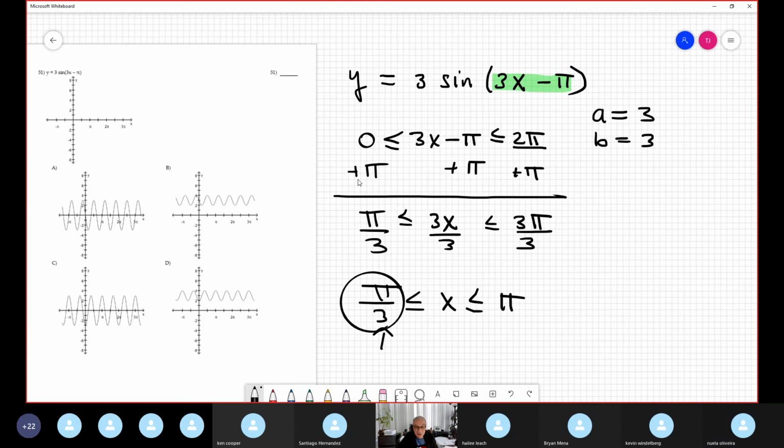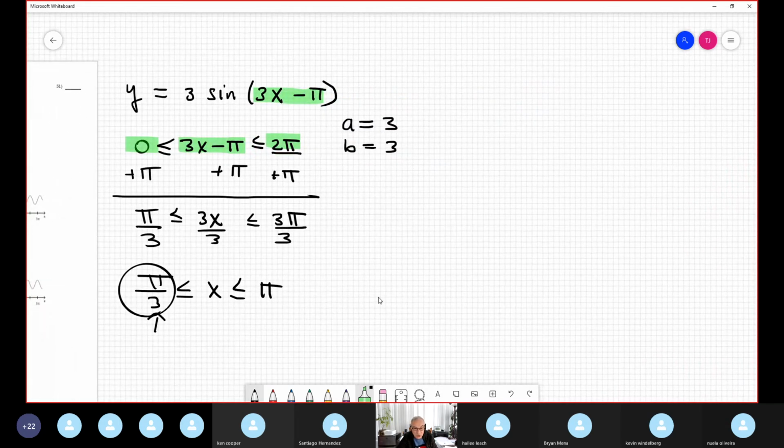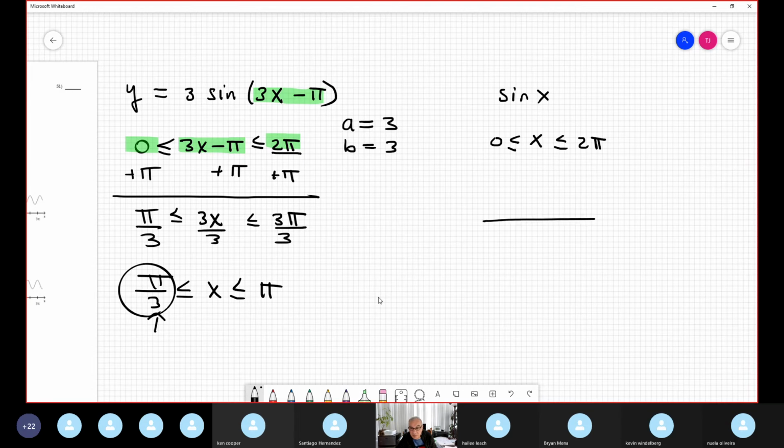Noela, you copy this expression and always you set out the inequality. You put 0 here and 2 pi here. The reason is clear: for the regular sine without transformation, x is between 0 and 2 pi, because 2 pi is the period without phase shift. Oh, I got it.